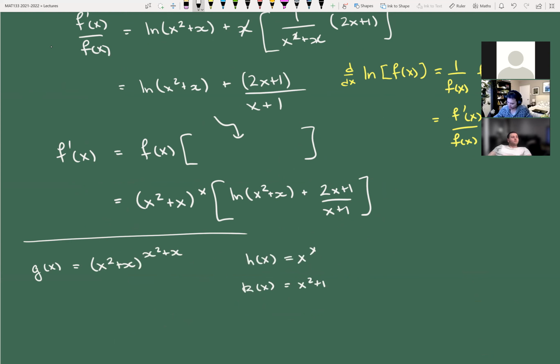So now this function is h compose k of x. But the problem is you still need to know the derivative of this, and this is one you might just know. This is x to the x times ln x plus 1. But the way that you actually determine that this is the derivative is to do exactly what we just did.